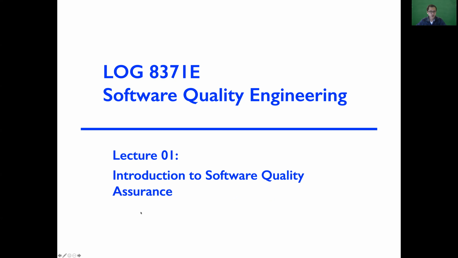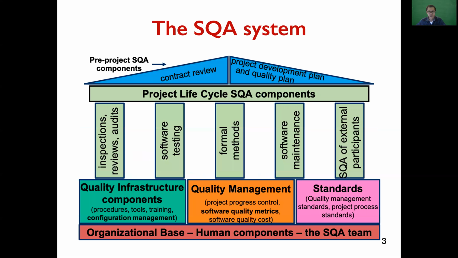The first lecture is an introduction to software quality assurance. In this lecture, the most important thing is the elements of the software quality assurance system. There are several layers of elements, including the pre-project SQA components, the project lifecycle SQA components, the quality infrastructure components, quality management component, standards, and finally the organizational base, such as human components.